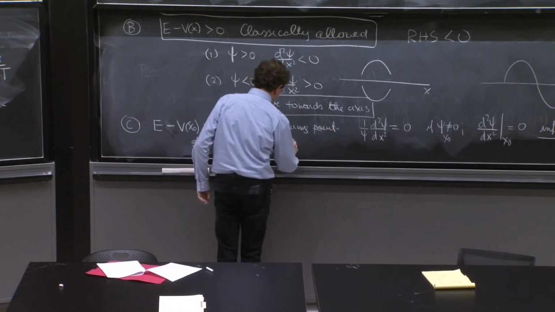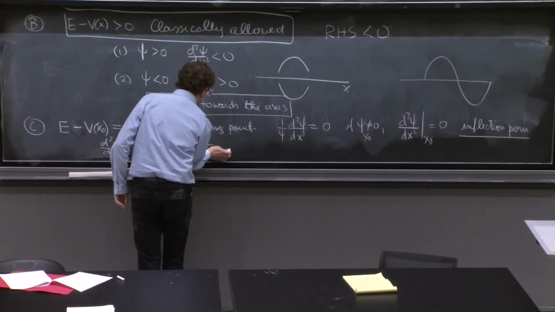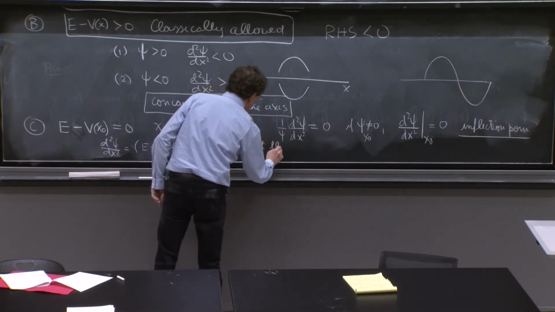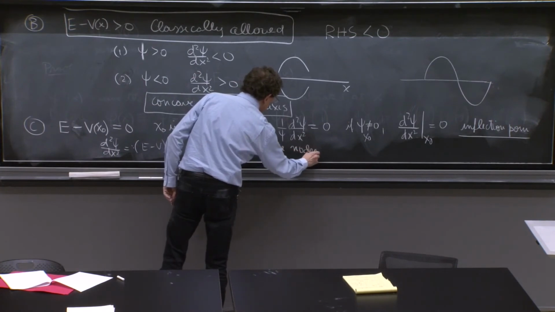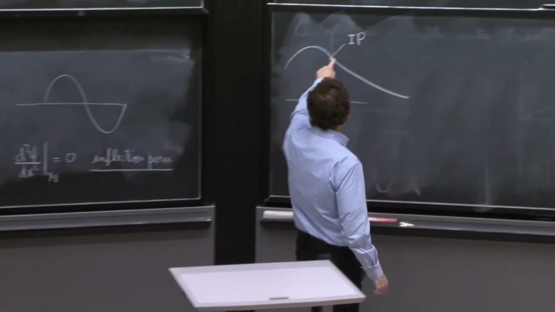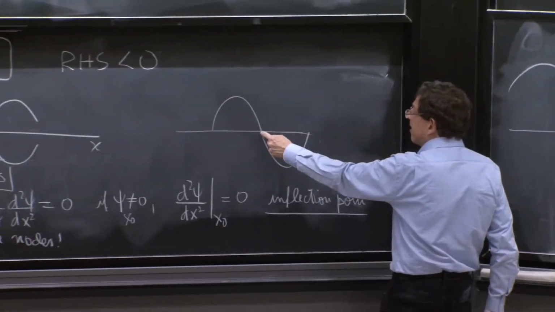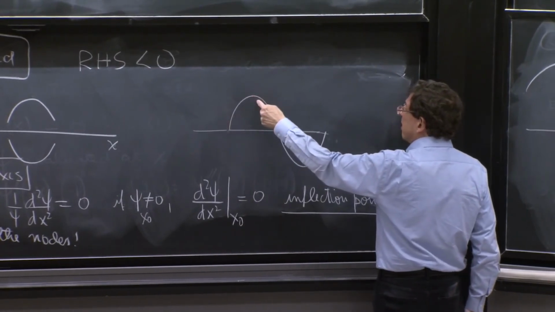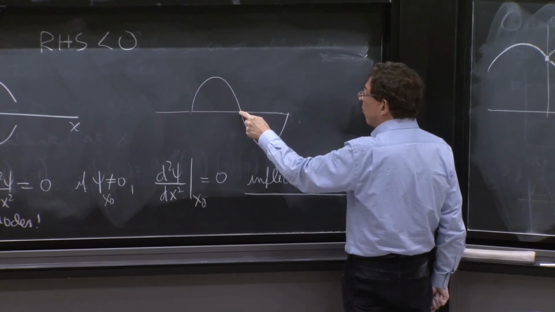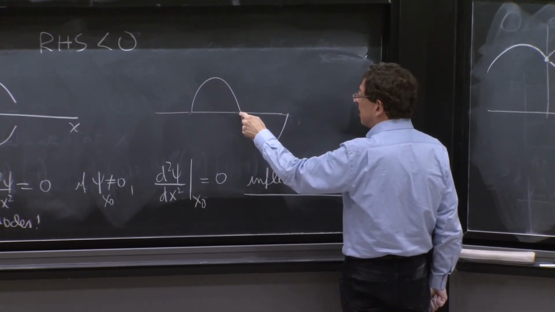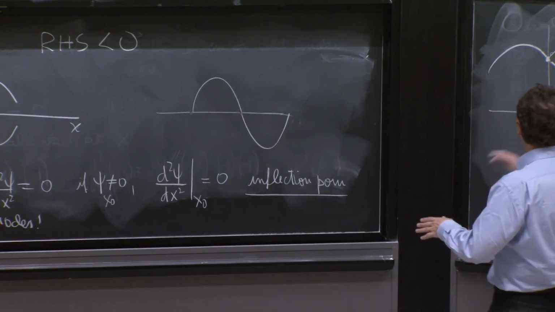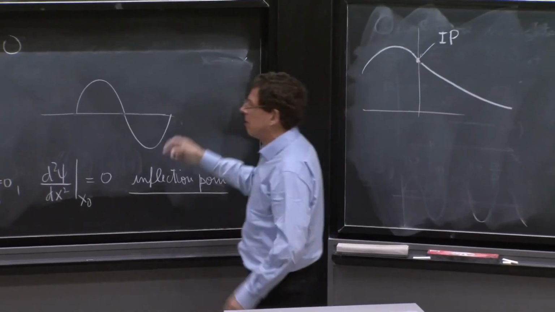So inflection points also occur at the nodes. A turning point is an inflection point where you have this situation. Look here, you have negative second derivative, positive second derivative. The point where the wave function vanishes and joins them is an inflection point as well. It's not a turning point. Turning points are more interesting, but inflection points are more generic.